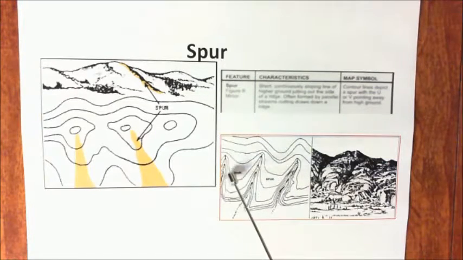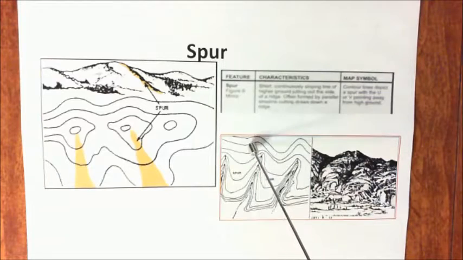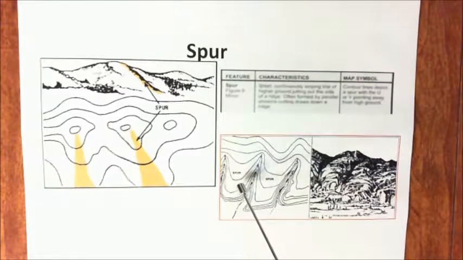So look, here's your draw with the V's pointing towards the top, the V pointing towards the top, the V pointing towards the top. But then this terrain that's in between, it just kind of sticks out of the mountain. So it's a spur. A bone spur sticks out of your heel or ankle or something like that, and it just causes problems.